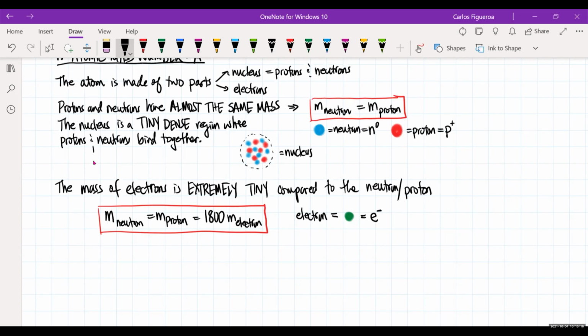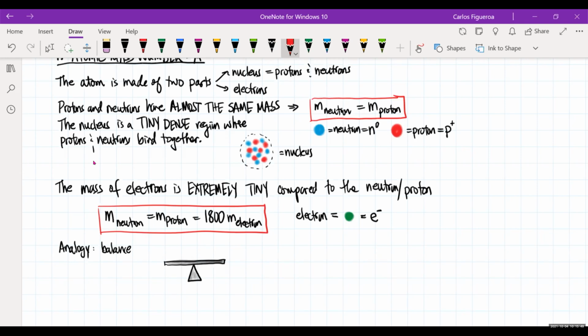Now, let's look at the mass of the electron. So as an analogy, to get you to see, imagine that you have a balance, sort of like a teeter-totter. So what does this mean here? If I have a balance like this, and I try to balance the masses of this situation, what do I find here?